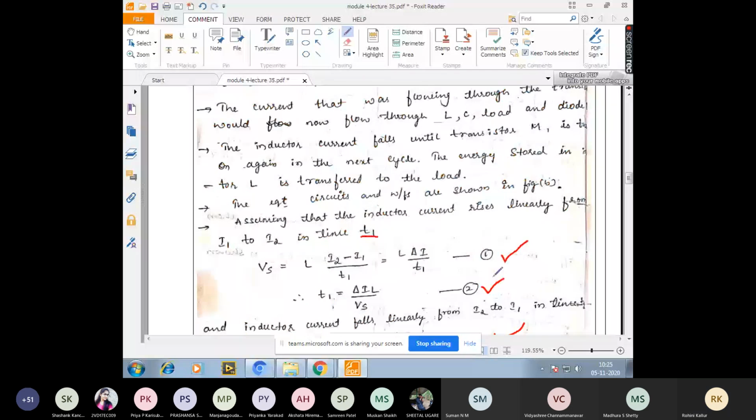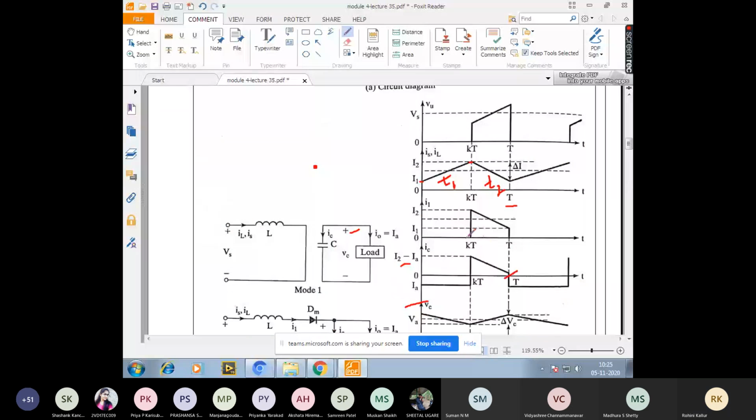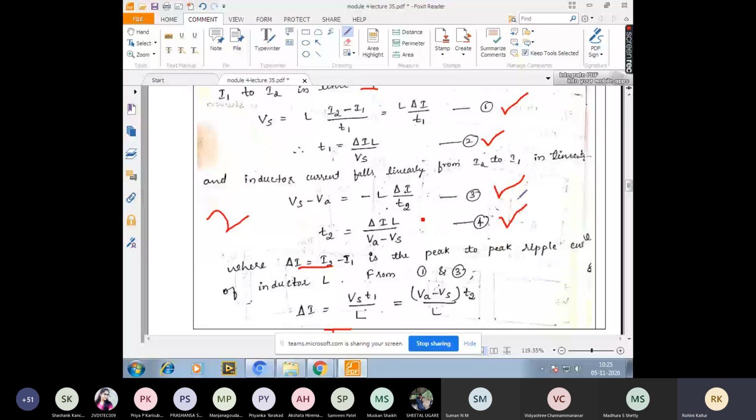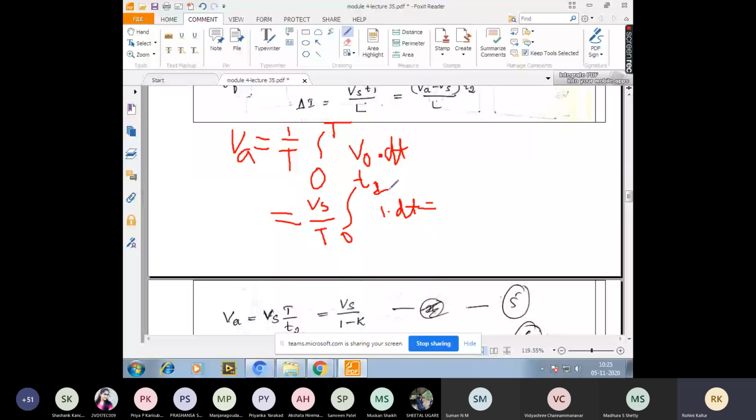The average output voltage here is there for a duration T2, so I'll write this equation with limits equal to T2. So I have Vs divided by T integration from 0 to T2 of 1 into dt. 1 into dt is nothing but T, so I have Vs divided by the total time period T multiplied with small T2. So this is the equation for Va.